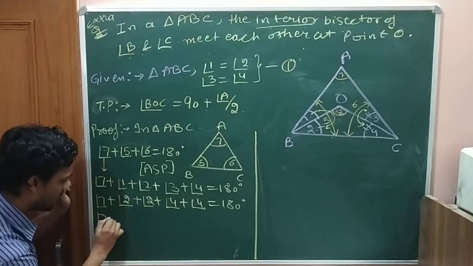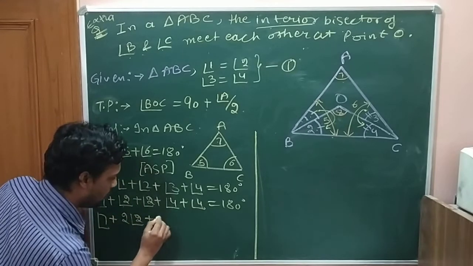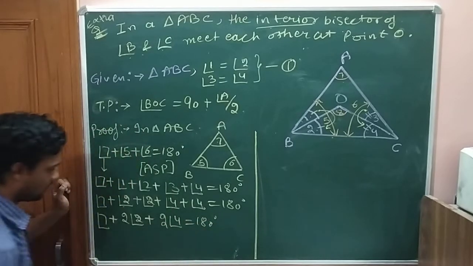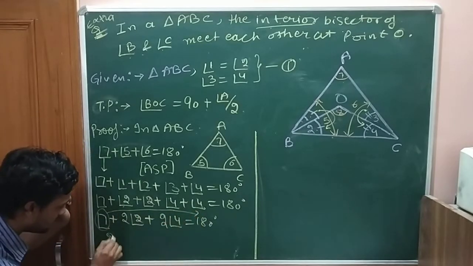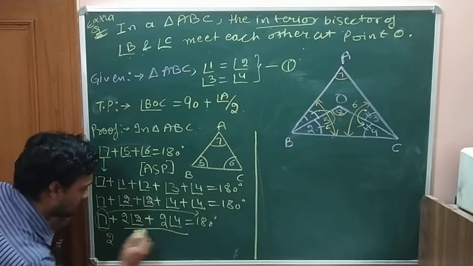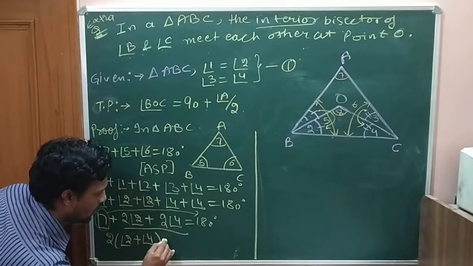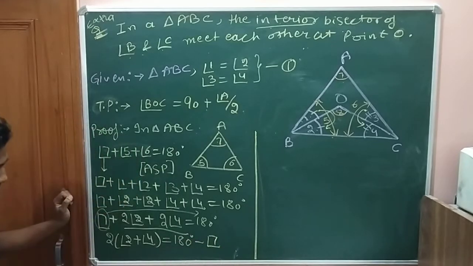Now this is angle 7 plus double of angle 2 plus double of angle 4 equals to 180 degree. Shift angle 7 on that side, and take the 2 common from here also. That is 2 times angle 2 plus angle 4 equals to 180 minus angle 7.